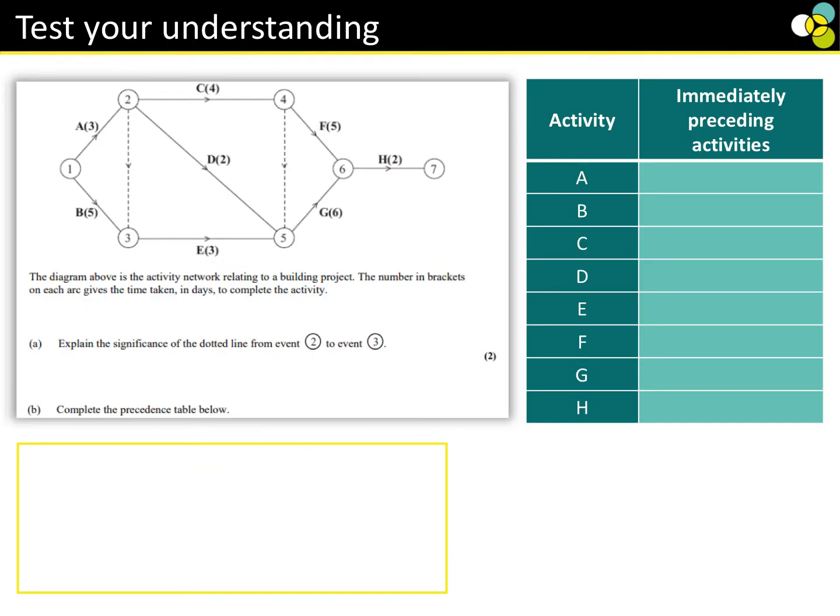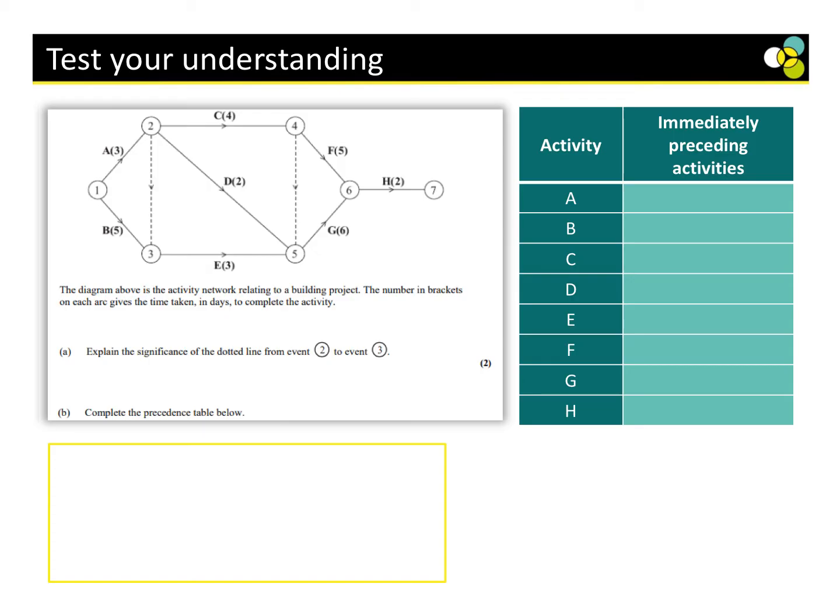So, this is going to make a lot more sense if we haven't already drawn the network, and then we look at what is actually happening. So here we go. We are going to explain the precedence table. When we start, we have activities A and B, so that means A and B are dependent on no one. Then, from A, where do we go?